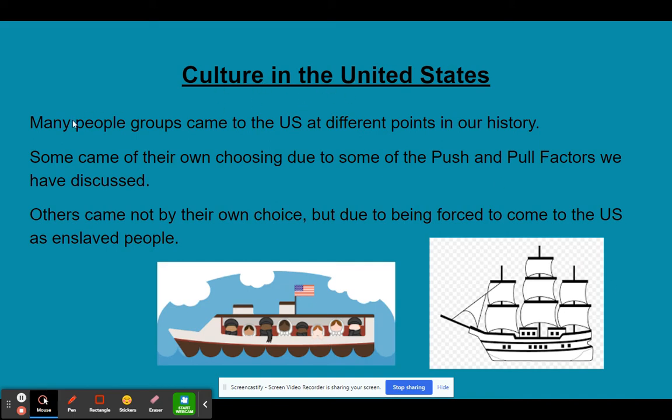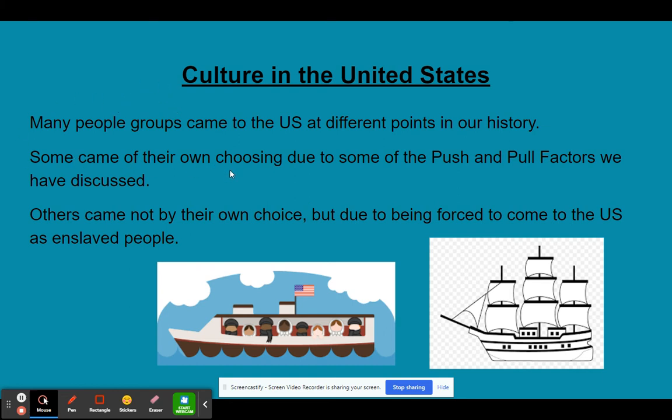So people who immigrate here: the first sentence says many people groups came to the United States at different points in our history. And when people are coming here from other parts of the world and other countries, usually they're bringing parts of their culture with them. So I want you to see this word culture here. This is a word you'll be focusing on in class with your teacher as well.